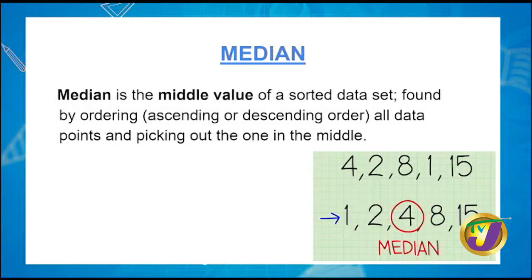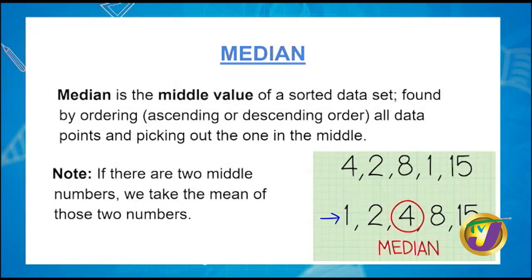You would see the upper values that are unordered as it is right now, and then we go about ordering it, in this case, in ascending order, and then the middle value from that data set is the median. Okay, so median, middle. Yes. If there are two numbers in the middle, we can take the mean of those two numbers, and that will give us the median. And we know what the mean is from before.